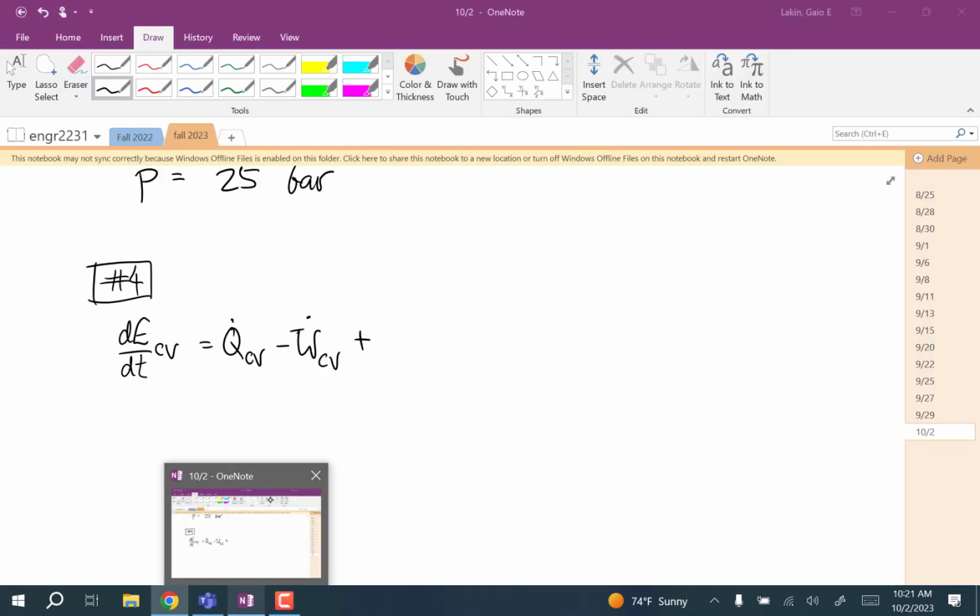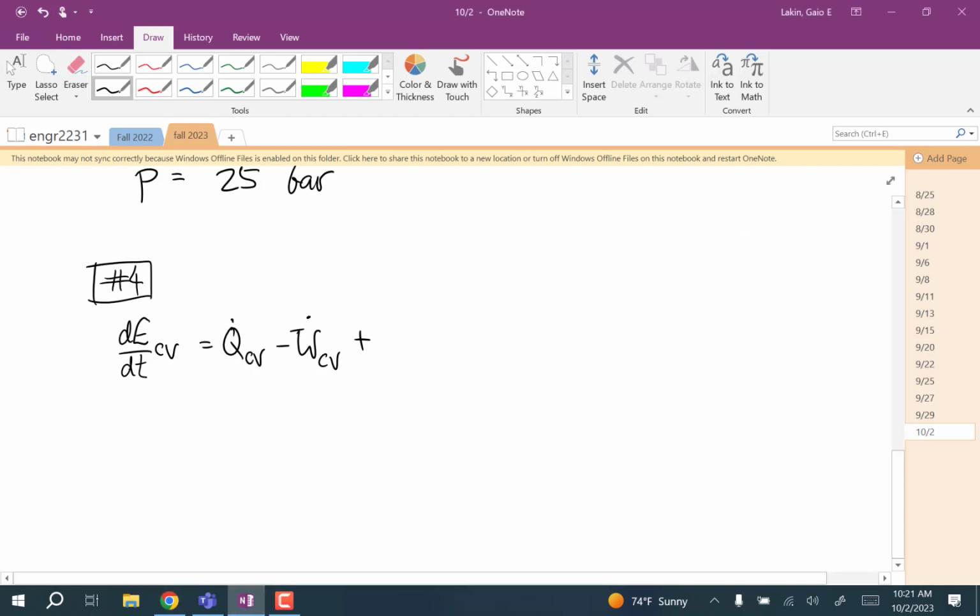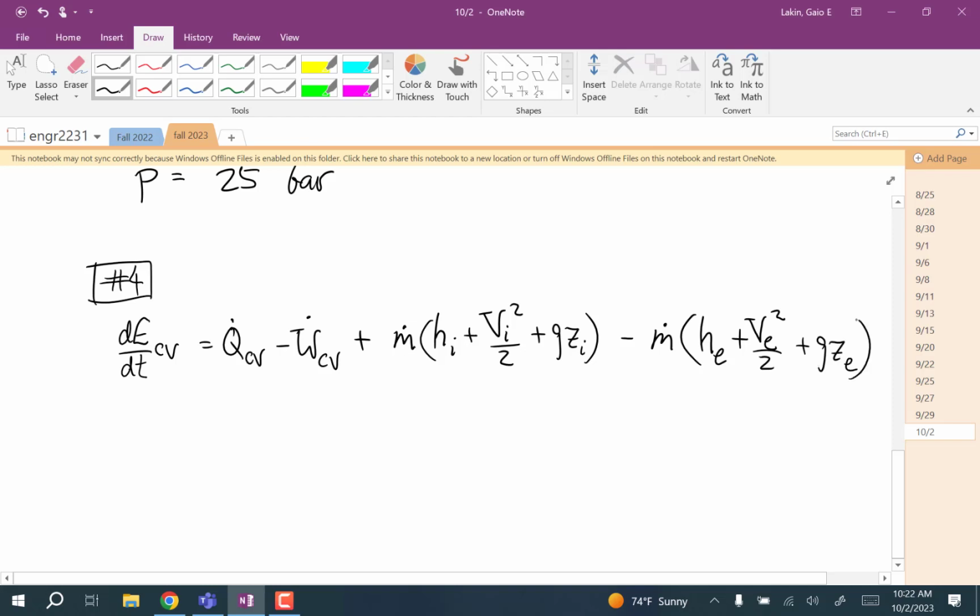Yes. So I'm just going to write this as m dot. Steady, so this goes away. There's no heat transfer, so that goes away.